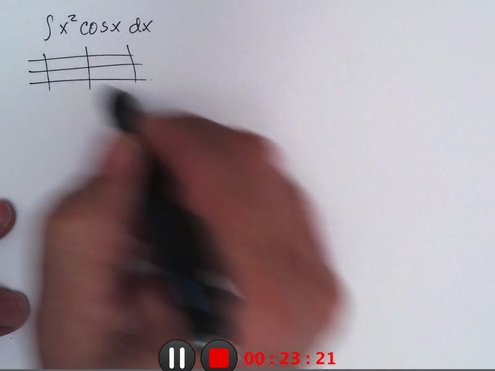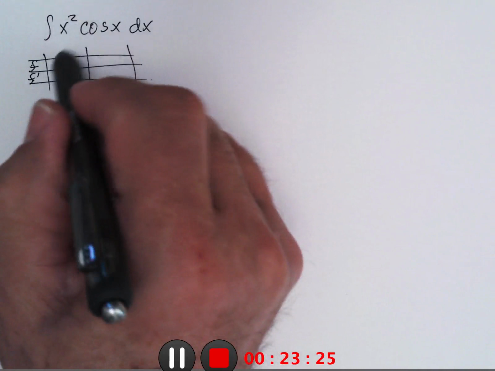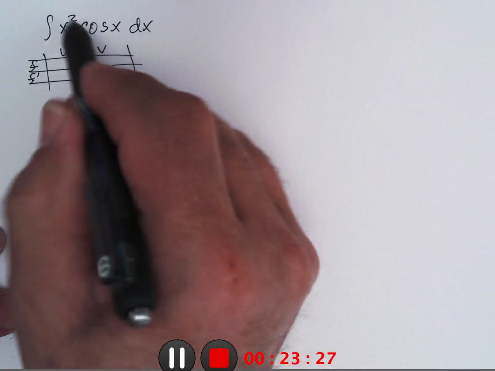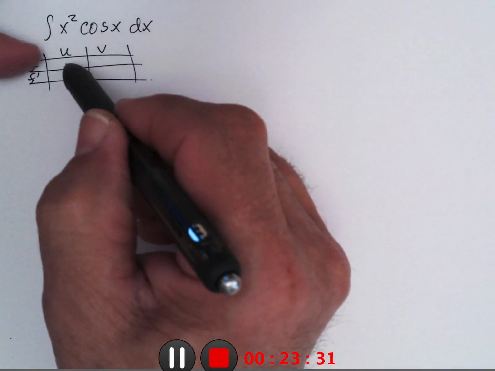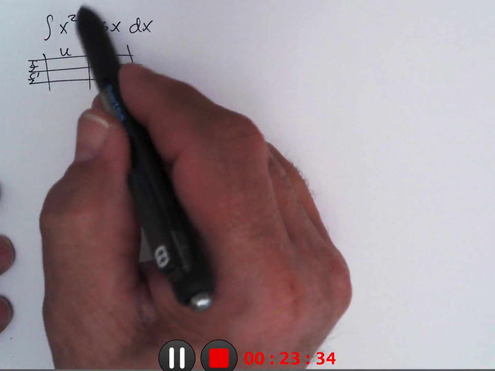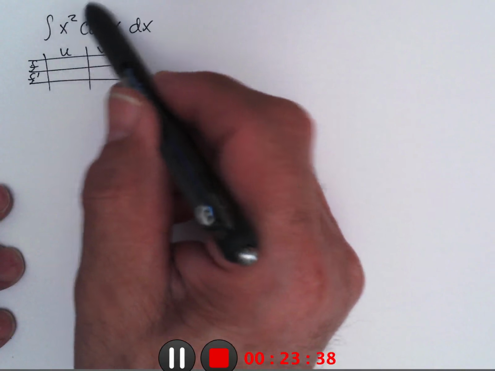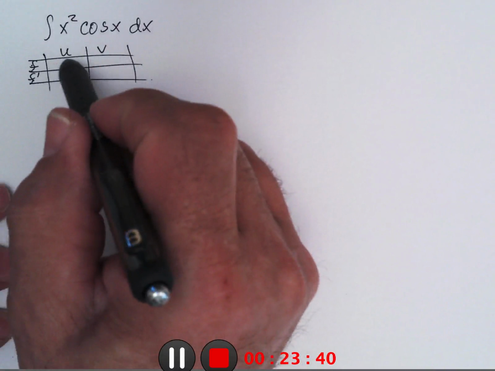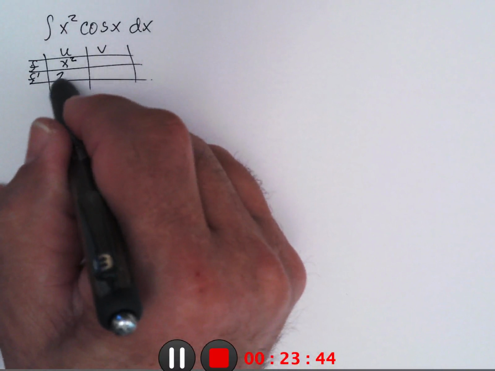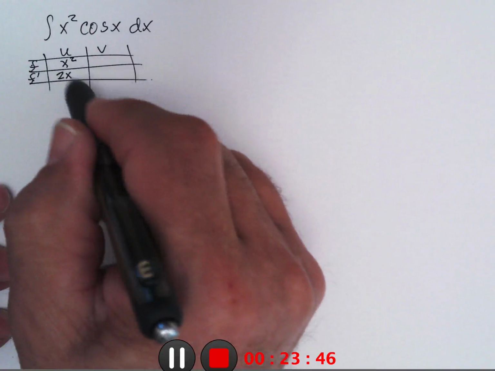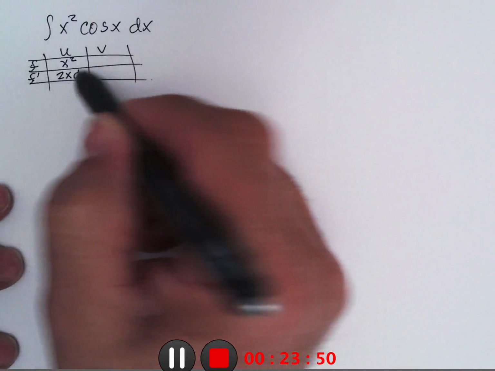F prime, the function and its derivative, u and v. So I'm going to cosine. If I let it be cosine here, then it keeps kind of cycling. And I don't want to integrate this because that gets it to the cubes, and I want to get less. So I'm going to put the x squared here. So when I take the derivative, it becomes 2x to the 1 dx, and I'm getting this to decrease. It's not gone, but it's decreased this function.